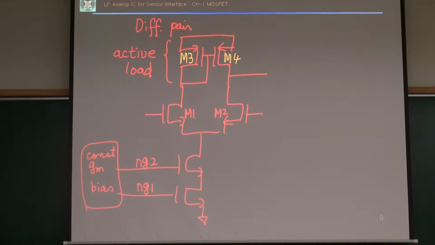For the low frequency, usually we use this one as a differential amplifier, right? Say I have a common mode input plus differential voltage here, and the common mode input minus differential voltage here.